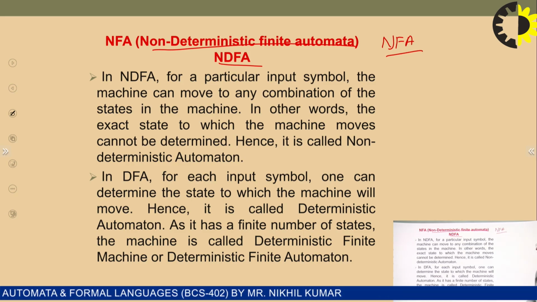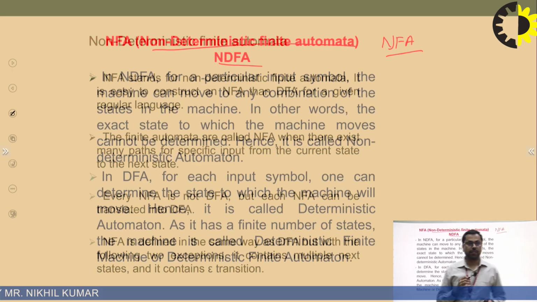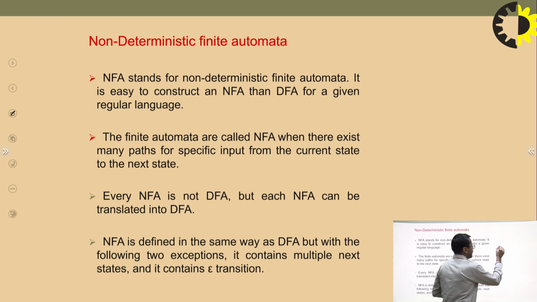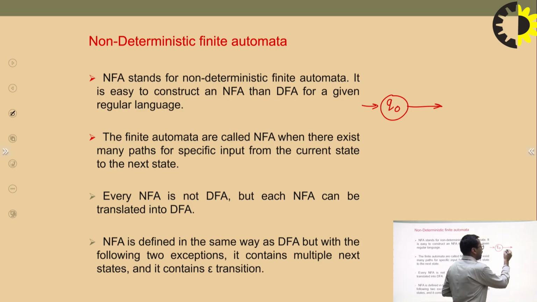Non-deterministic finite automata contains the same features as DFA, but the basic difference between NFA and DFA is that in the case of the DFA, when we have any state, let's suppose Q naught is the initial state, and we apply any input symbol, let's suppose A, we go to a unique state, that is Q1.